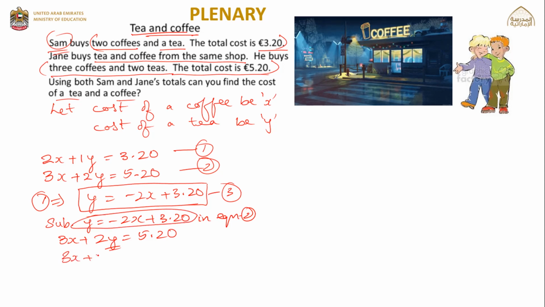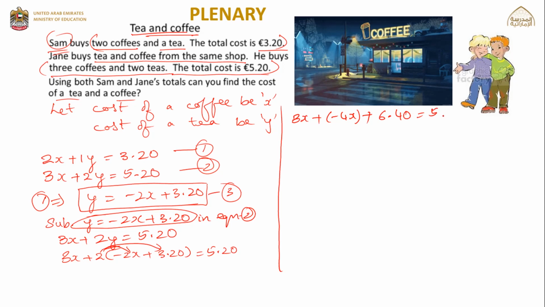So 3x plus 2 times negative 2x plus 3.20 equal to 5.20. So you're going to use the distributive property to open the brackets and simplify. So what do you get now? 3x plus 2 times negative 2x gives you negative 4x plus 2 times 3.20 gives you 6.40, equal to 5.20.